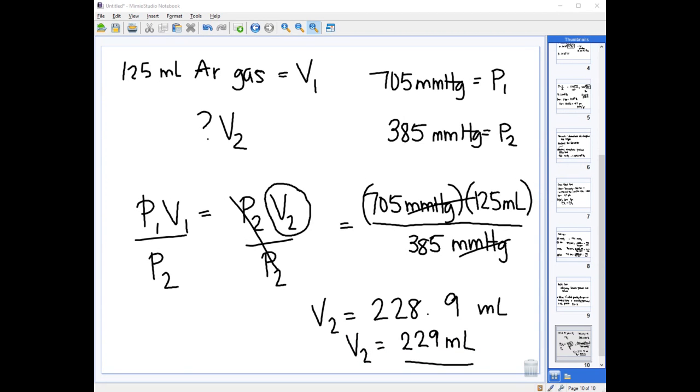My pressure went down, so I should expect my volume to go up. The pressure decreased by almost half, so my volume almost doubled. So yes, this answer makes sense. I would say, you know what, I think I have worked this problem correctly. So let me find one that's a little bit different.